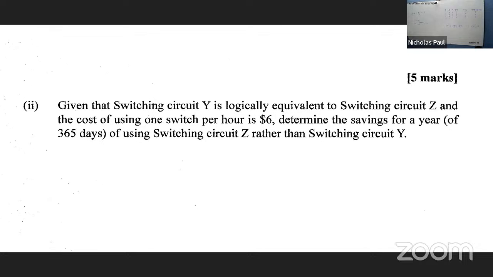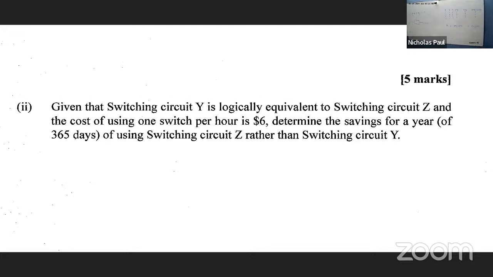But again, this is the last part. Given that the switching circuit Y is logically equivalent to the switching circuit of X, and the cost of using one switch per hour is 6, determine the savings for a year.